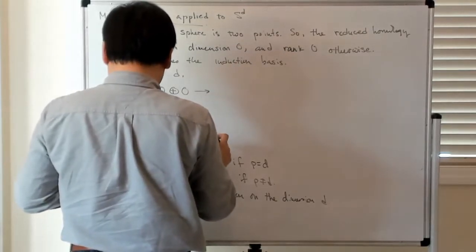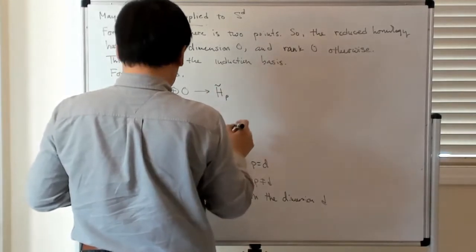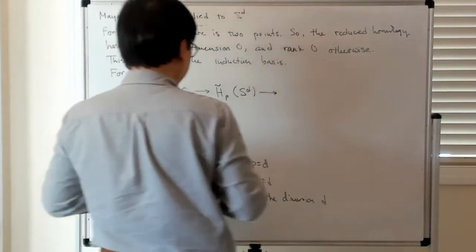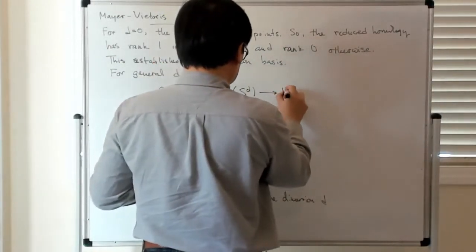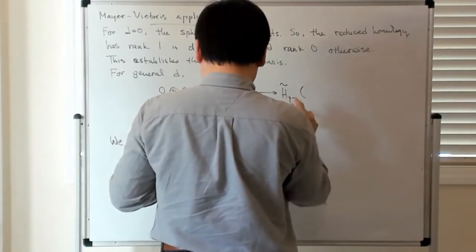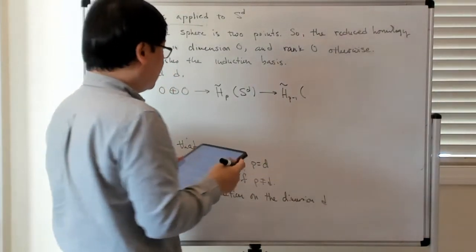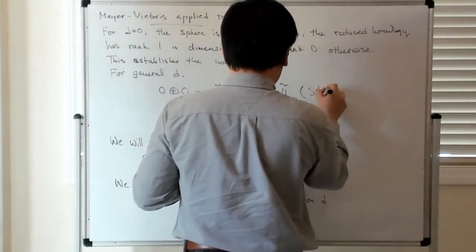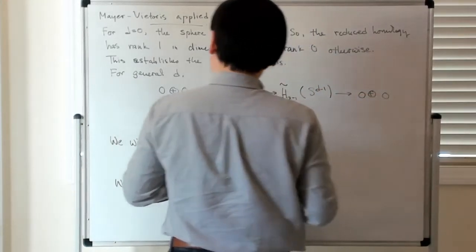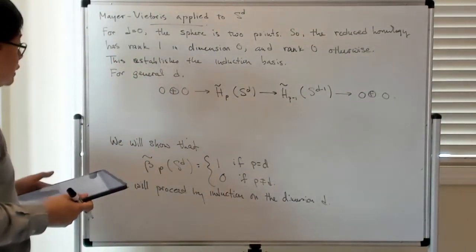This maps to the union, so this is H_p tilde of S^d, which maps via the connecting homomorphism to the part having to do with the intersection. The intersection of the two hemispheres is a lower dimensional sphere, S^(d-1). And then this again maps to 0 plus 0. So this is the relevant part of the long exact sequence.